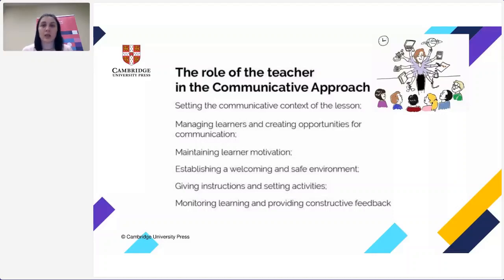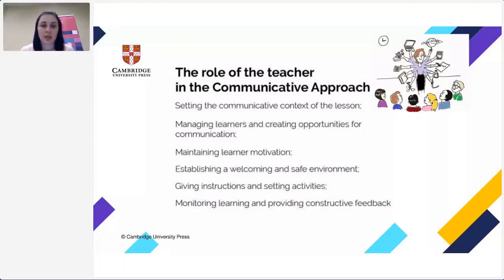And if we only give the opportunity to those who can, those who cannot may just simply sit and not develop these skills. So we have to manage learners and give each student the opportunity to communicate.